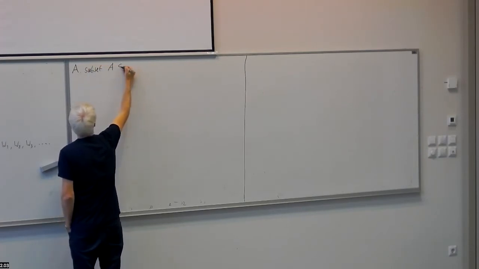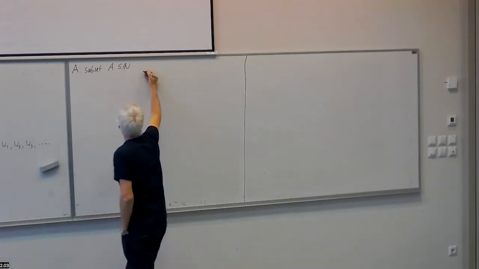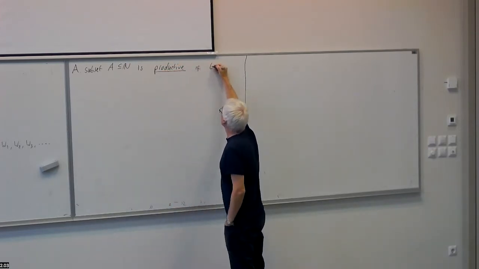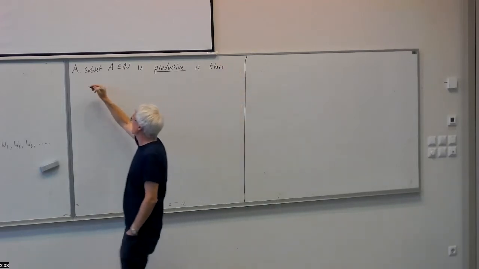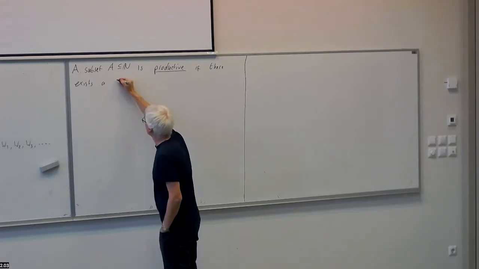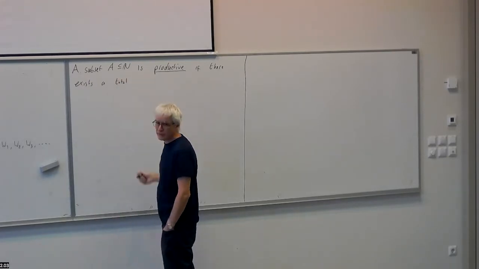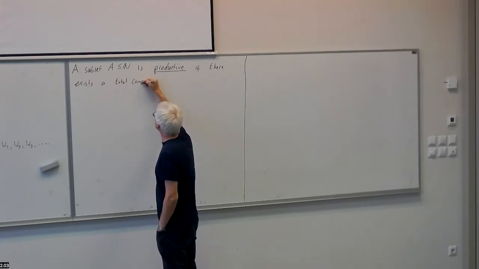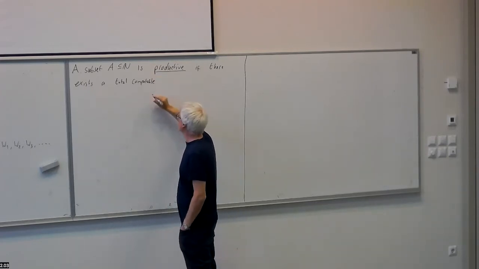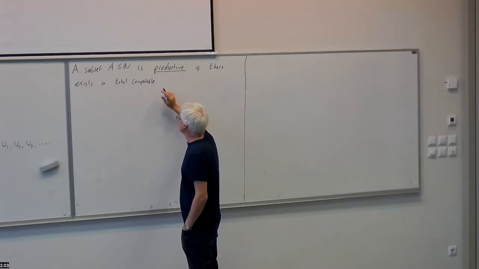So a subset A of natural numbers is productive if there exists a computable function, and we're going to ask for it to be total, so we always get an answer. One can weaken the notion in an interesting way, not asking for totality, but we'll stick with the standard notion in which we do ask for this function to be total.